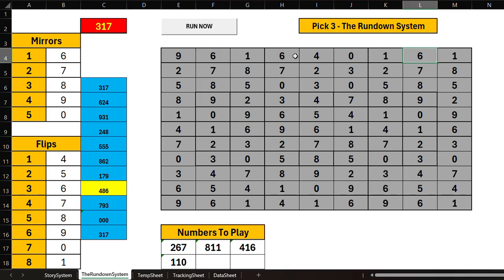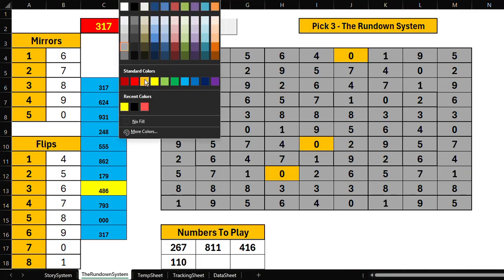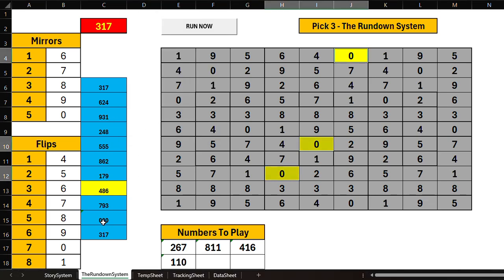So 195, because a lot of times the zeros won't connect all together. So 0 here, 0 here, 0 here. Because this is what we're looking at, a 0 here.